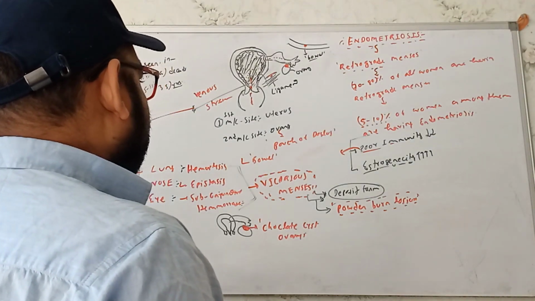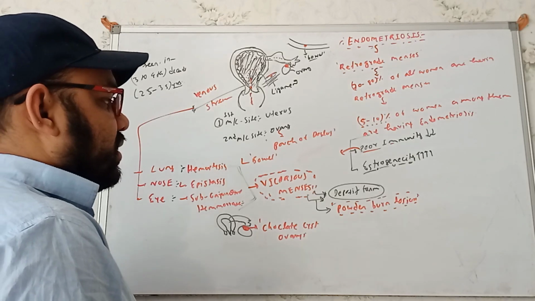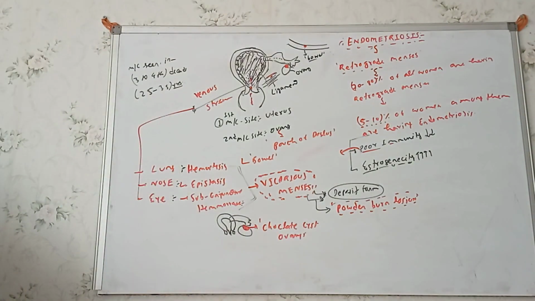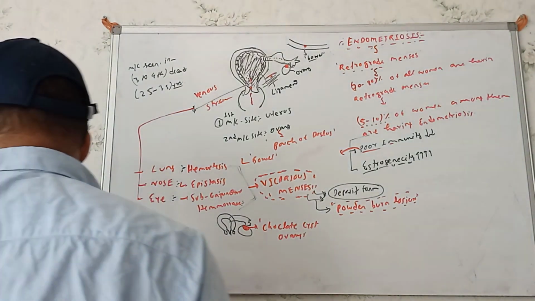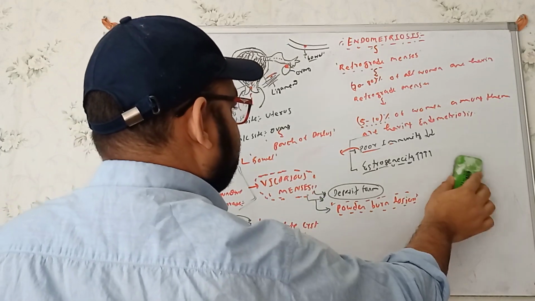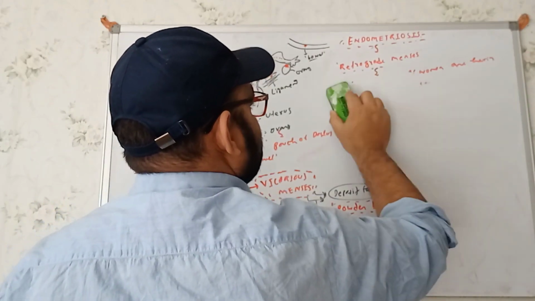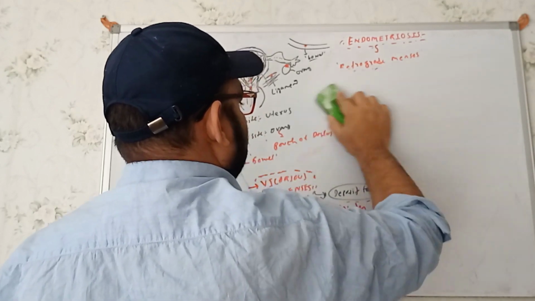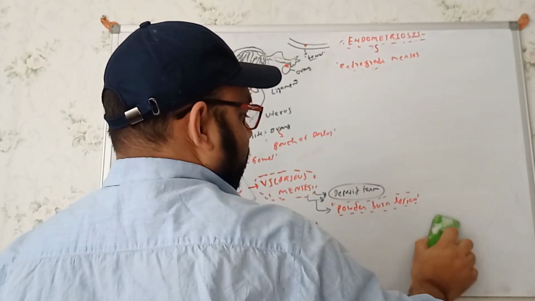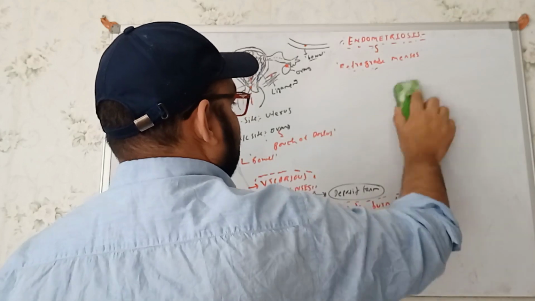Now, whatever we get in the pathophysiological conditions, for that, let's take this part over here. I'll draw three different diagrams, which will make it easier to understand the whole concept.